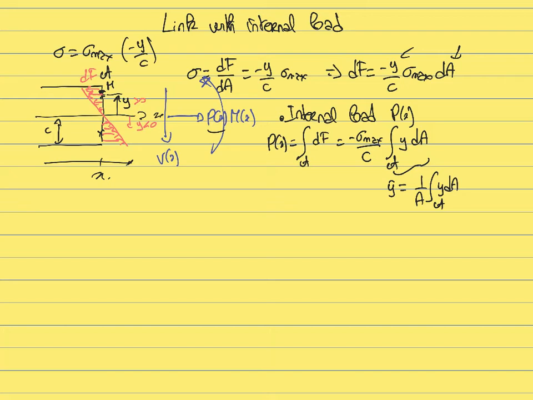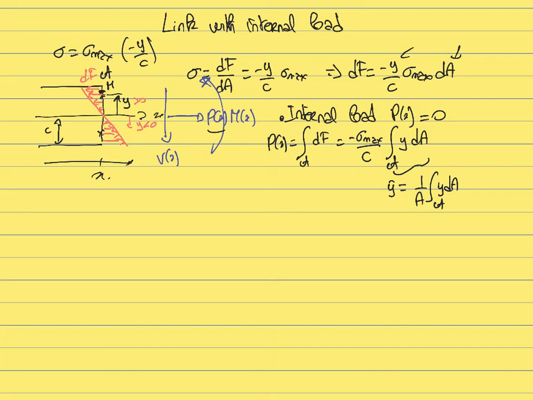On the other hand, I know that if the beam is subjected to bending, it does not get elongated. The length of the beam along the longitudinal axis does not change. So if the length of the beam does not change, it means that there will be no internal load. The internal load within this beam is necessarily going to be zero. Why? Because the only thing that bending does is to transform a beam that used to be straight into a curve, but that doesn't change the length of the beam.